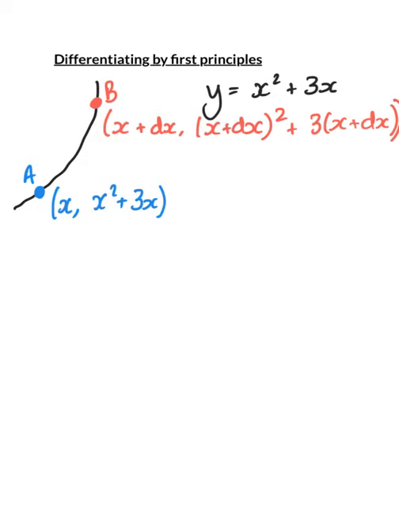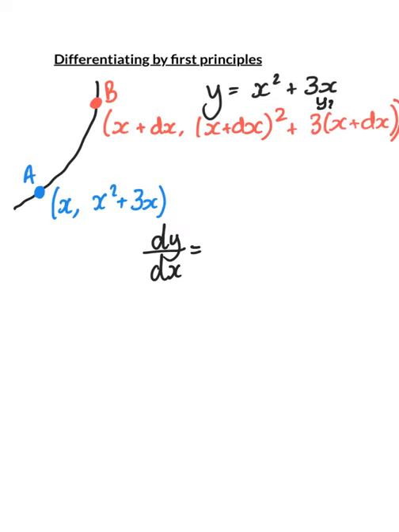Now I know that if I wanted to find my gradient, I would do the difference in y divided by the difference in x. So that's what I'm going to do to get my gradient. We're going to call the difference in y dy and the difference in x dx. I can see I've already used the difference in x to say that my point B is x plus this teeny tiny difference in x. So my y coordinate is here.